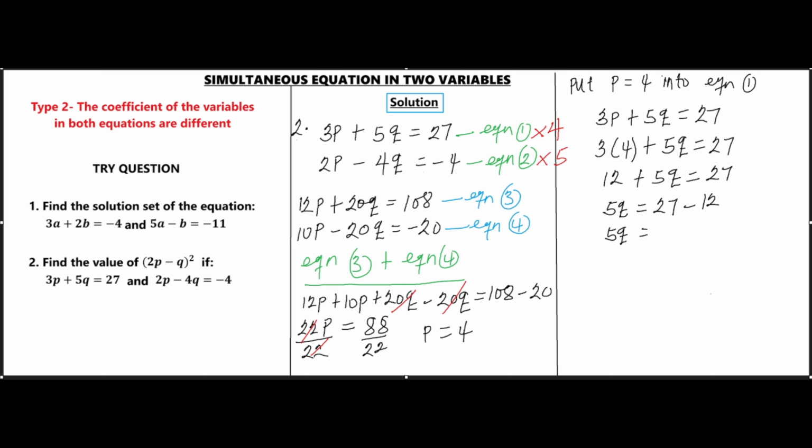We have 15. So we can now divide each side by 5. So q is 3. So we have the values for p and then q. For p, we had 4, and then q, we had 3.